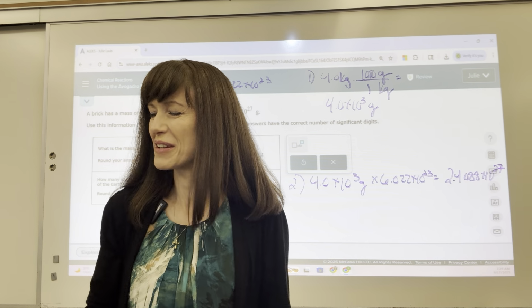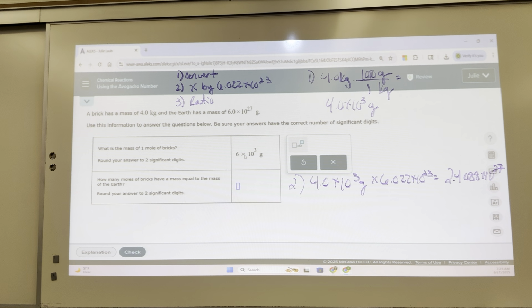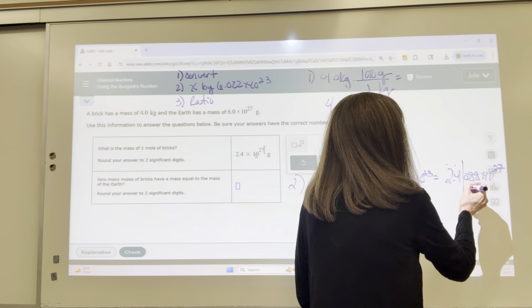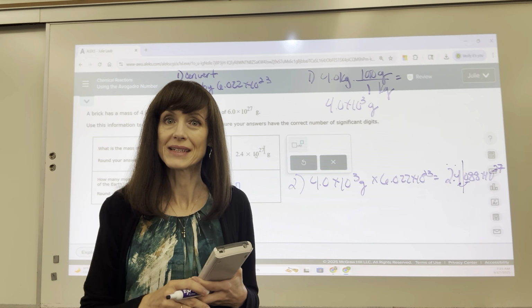Okay, let me type that in. 2 sig figs, 2.4 times 10 to the 27. So 2 sig figs, we've got 1, 2. The leading numbers stay the same, 2.4 times 10 to the 27.